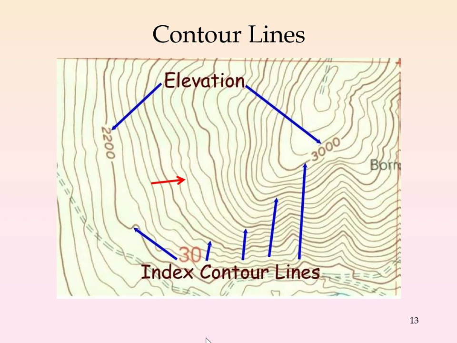We need to determine what the elevation is between, say, this line and this line. Well, we know that this line is at 2,200 feet, and up here we have an elevation of 3,000 feet, so the difference between these two lines is 800 feet.